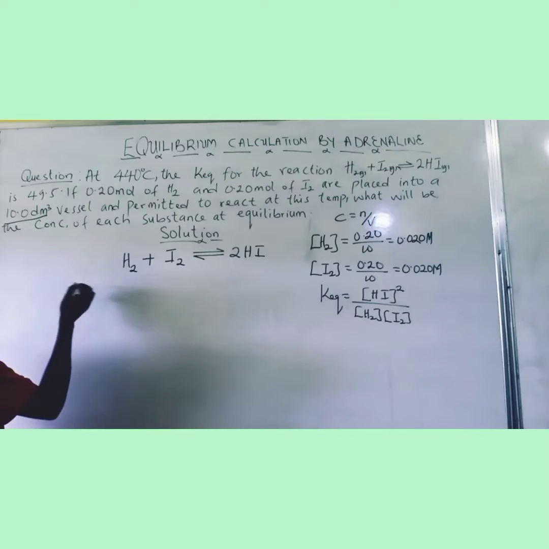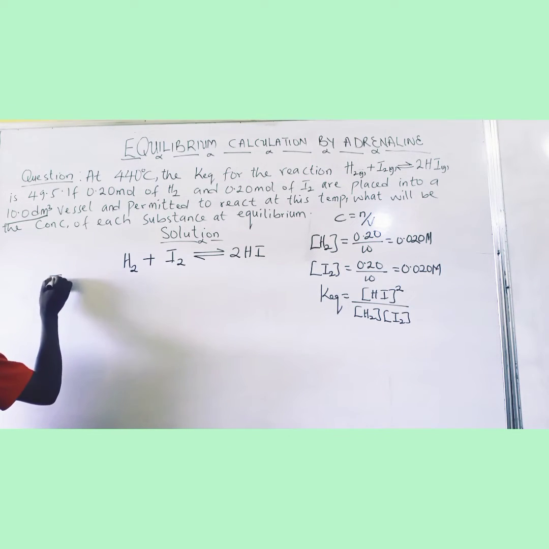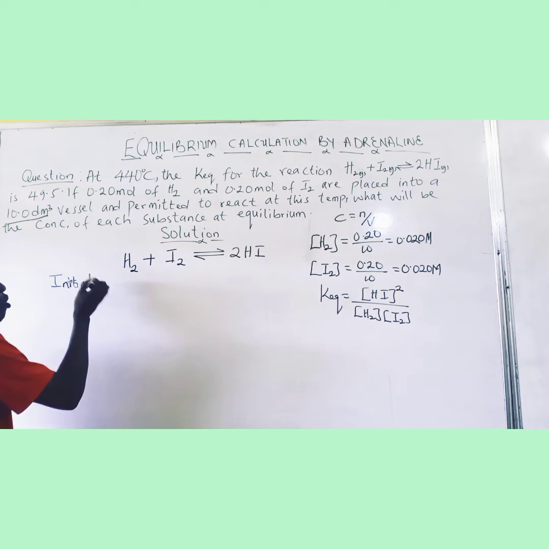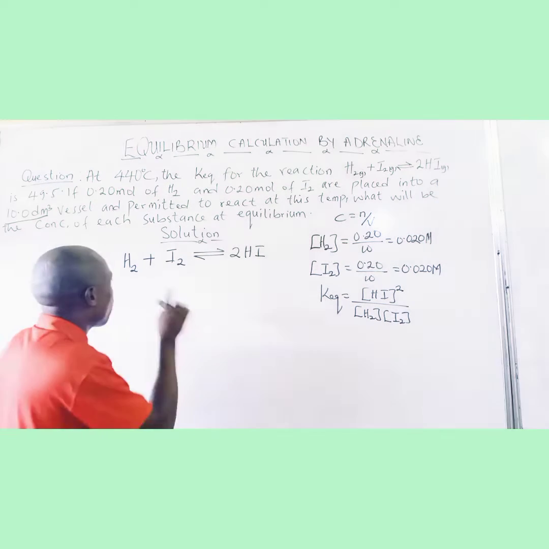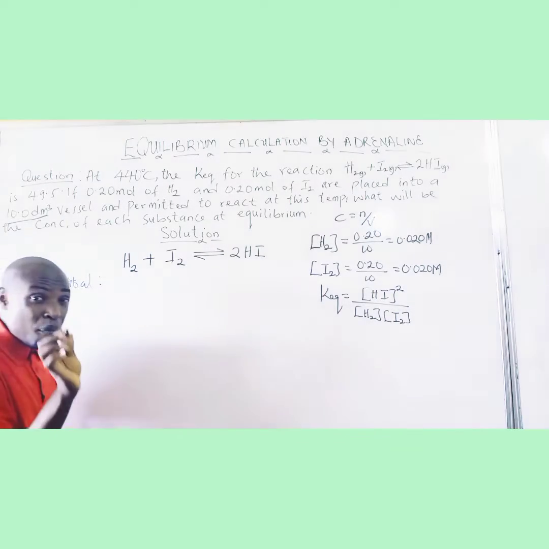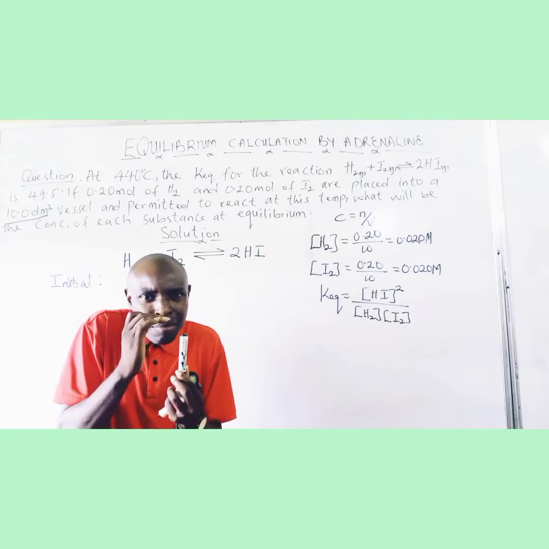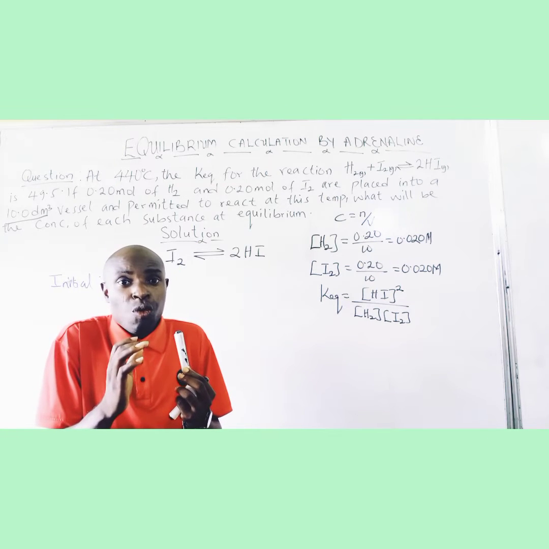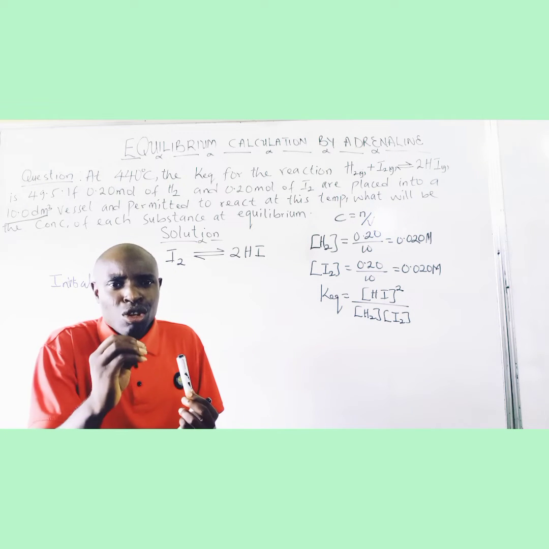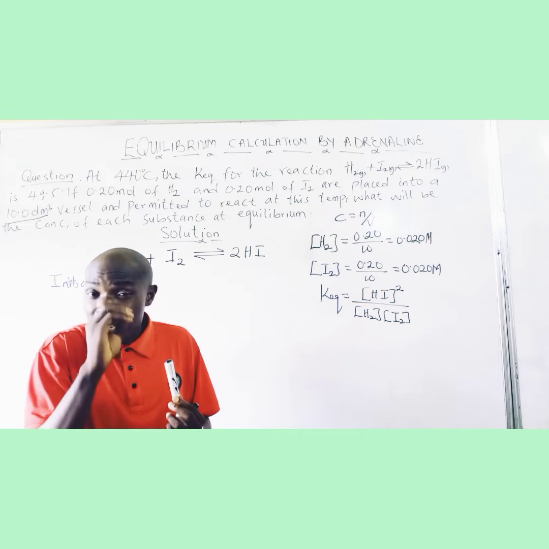Then we can start. Remember, from the initial, which is the I, we're having the concentration of hydrogen here. Please follow me, because I'm going to be giving you a step by step approach so that when you see a related question, you will be able to solve it without stress.